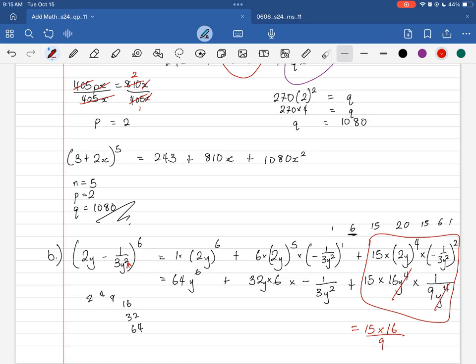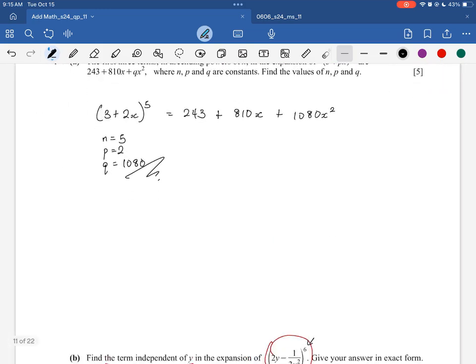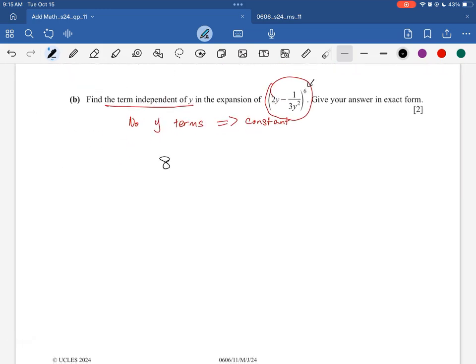That's your term independent of y, which is, let's see, 3 into 15 is 5, 5 times 16 over 3 would give you 80 over 3. So your term independent of y, your constant term, is 80 over 3.